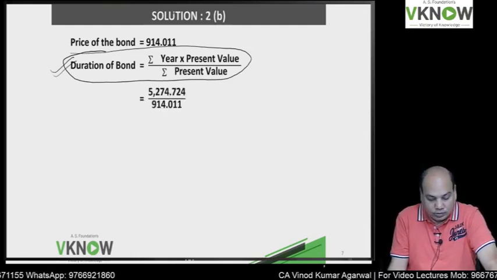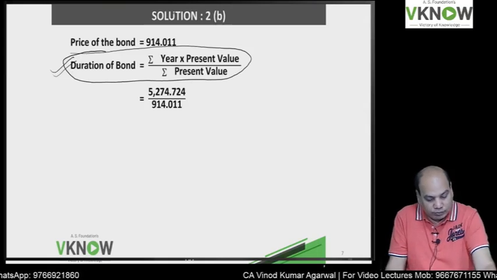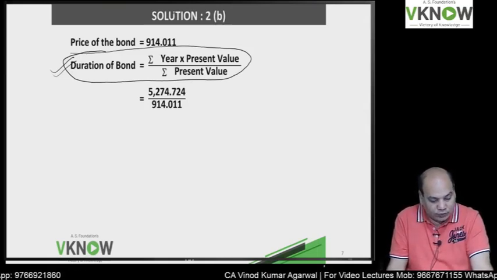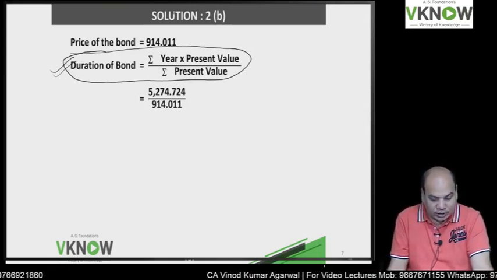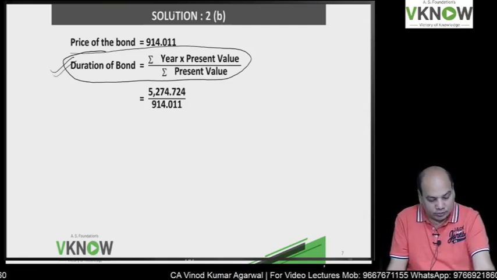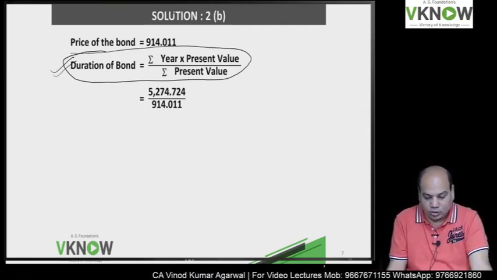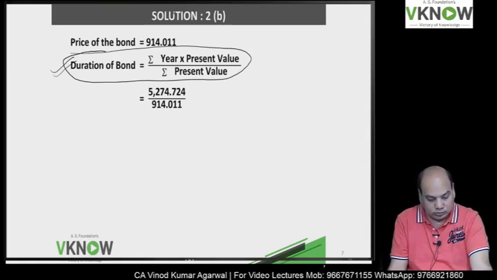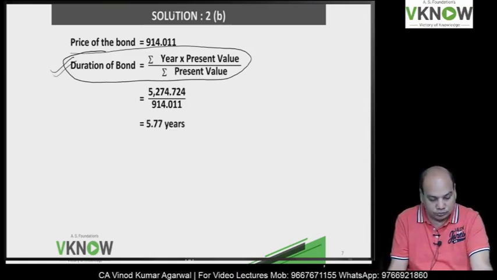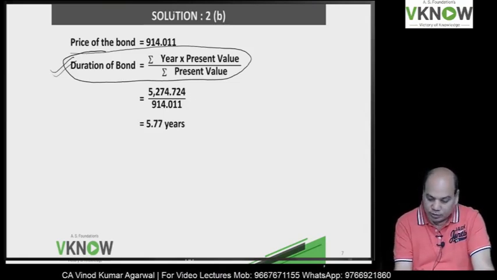So that is, take the total of your last column, 5274. Some students have got 5262. You can take that, no problem. Divide by 914.011. So the answer comes to 5.77.